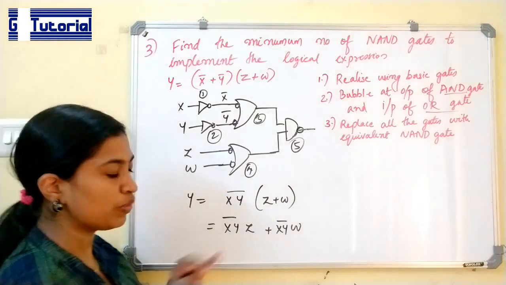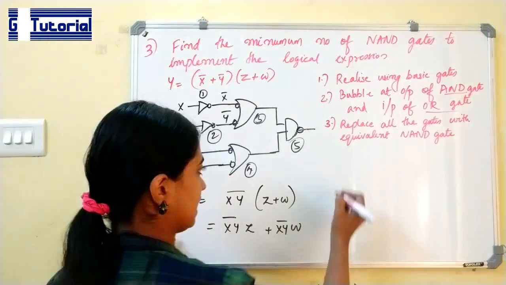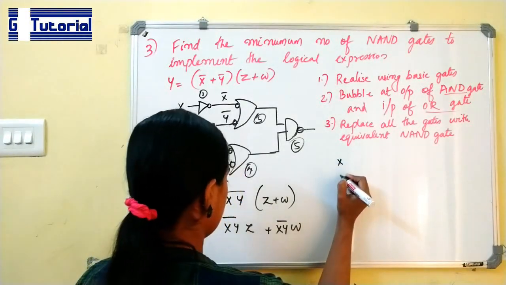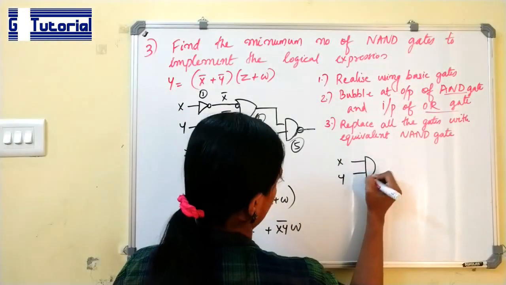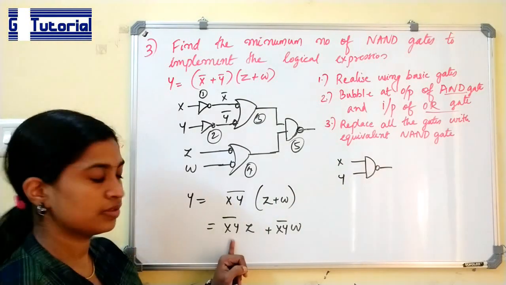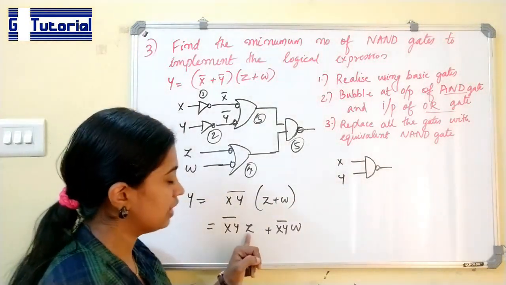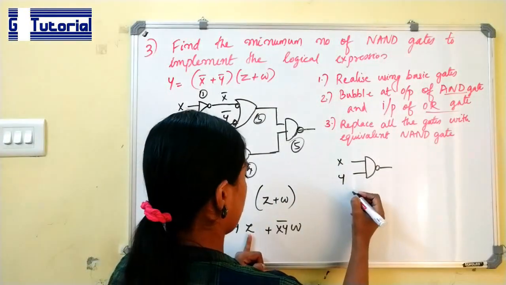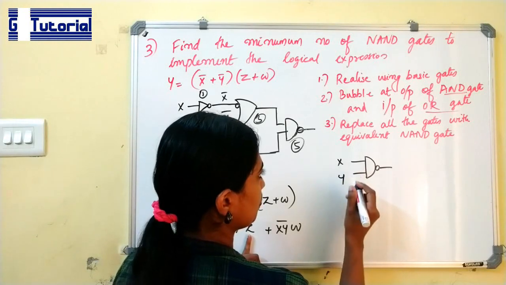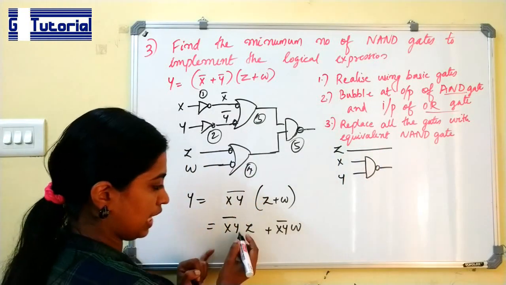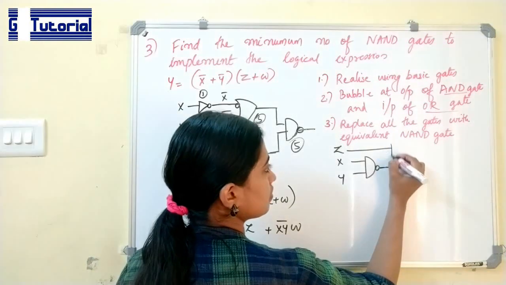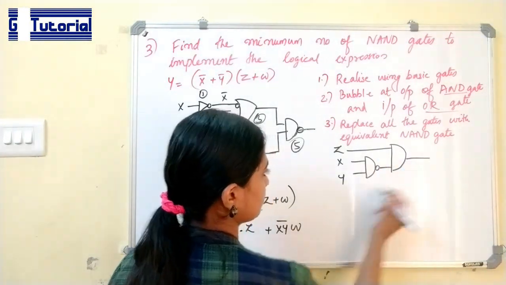Okay. Now we can implement using basic gates. This is actually an AND gate. Then we are providing this output to a NAND gate. So here is an AND gate.